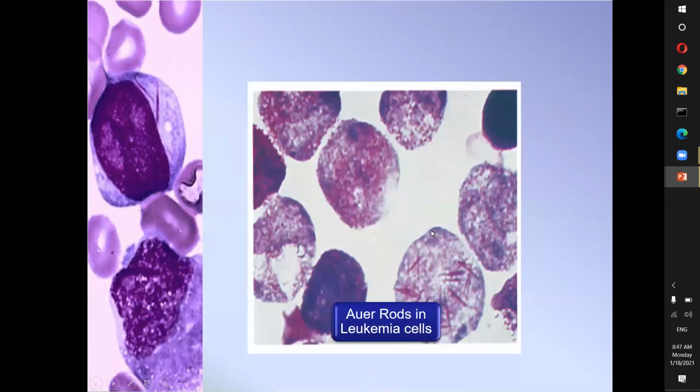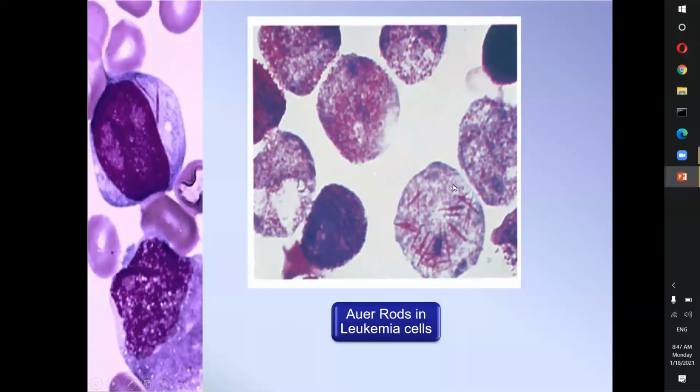These are the Auer rods, rods inside the blast, accumulation of granular material resulting in rod-like shapes. When you see Auer rods, it is AML. You don't need a further investigation. This is a diagnostic clue for AML.